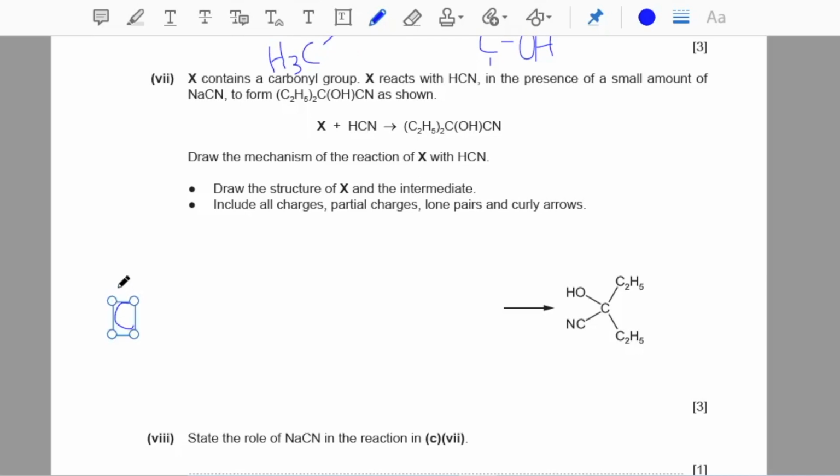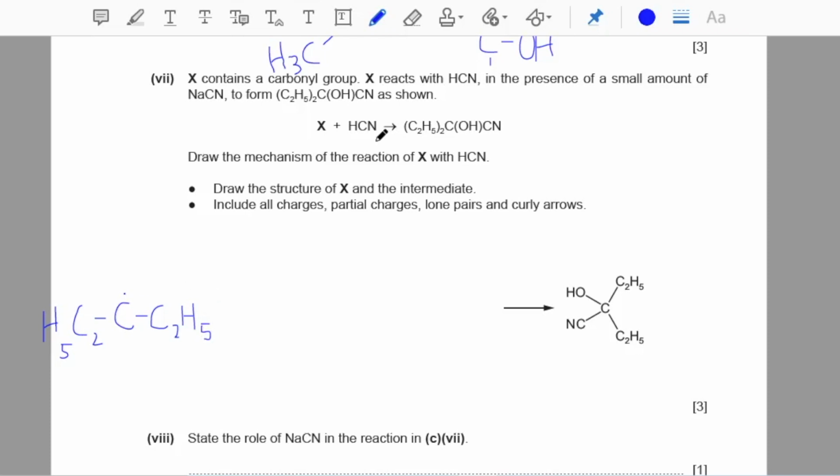C is bonded to C2H5. And there are 1 more or 2 more bonds which need to be here on the carbon atom to complete the valency of carbon, but we need to decide which one that is.